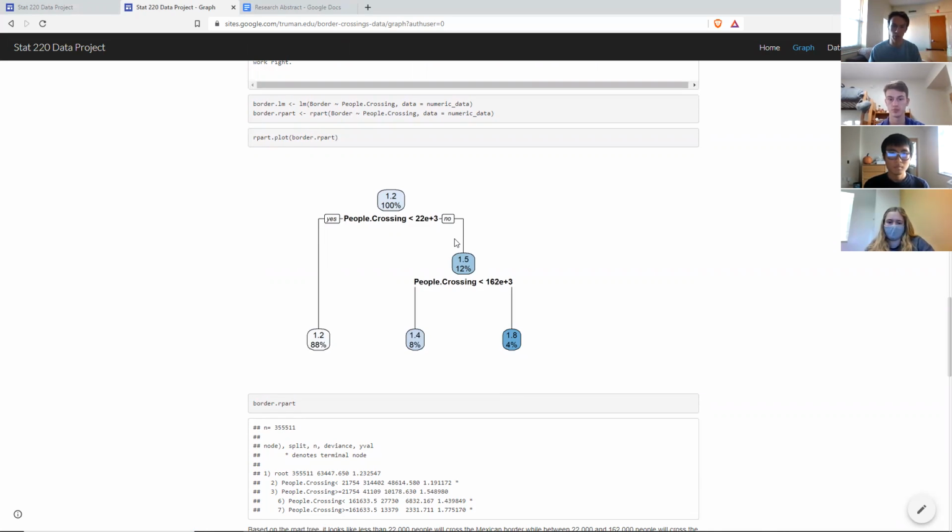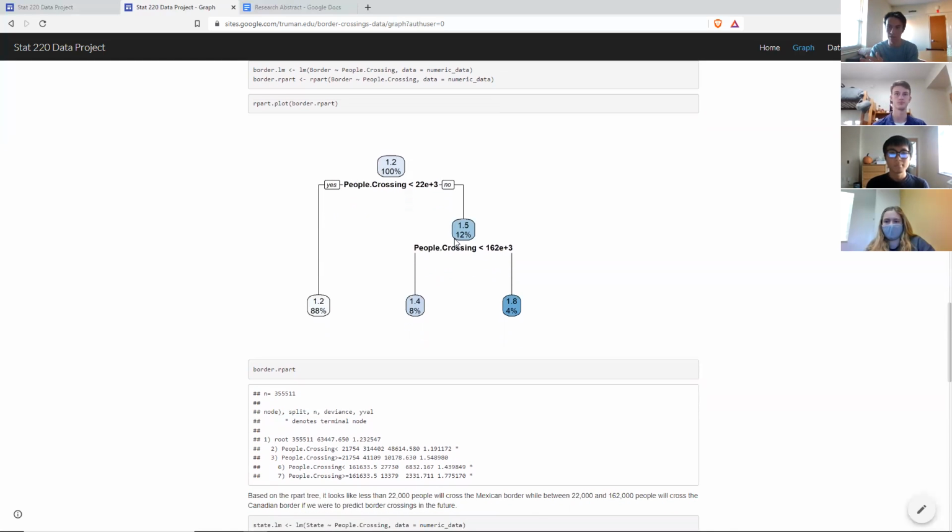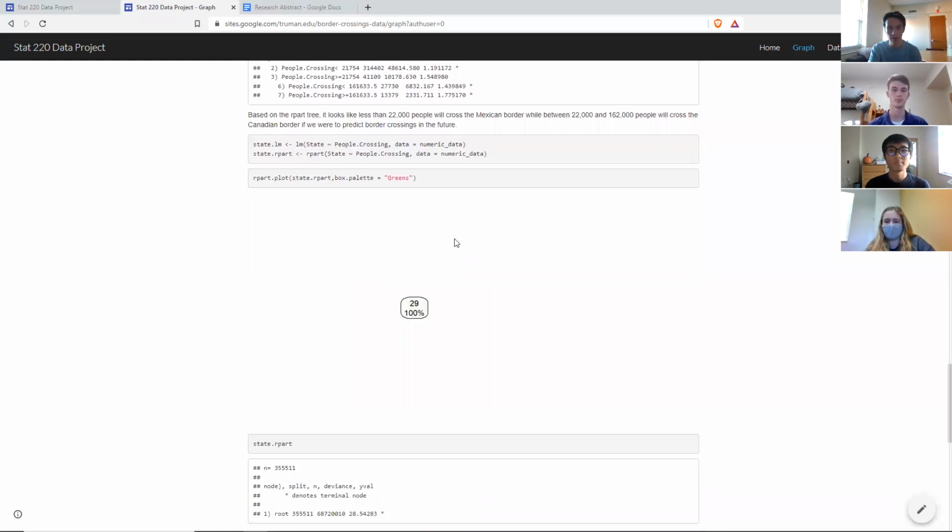If it was between 22,000 and 162,000 people crossing, it could have been either. But if it was greater than 162,000 people, it was most likely to be the Canadian border. And more than 162,000 people is the majority of people, so the Canadian border, we decided, was the one most likely to be crossed.